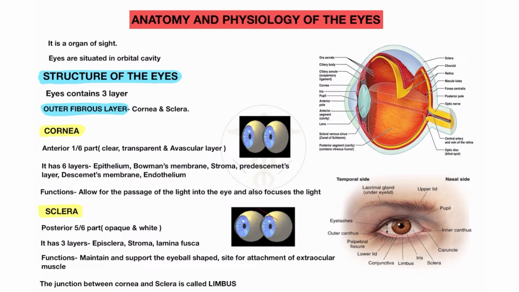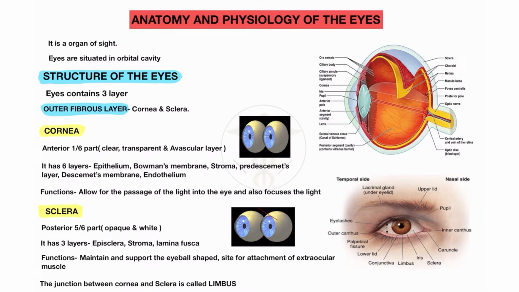In the previous classification only 5 layers of the cornea were described, but now the classification includes the pre-Descemet's layer, so the cornea contains 6 layers. Please learn that the anterior 1/6 part, the cornea, is clear, transparent and avascular. This is very important.